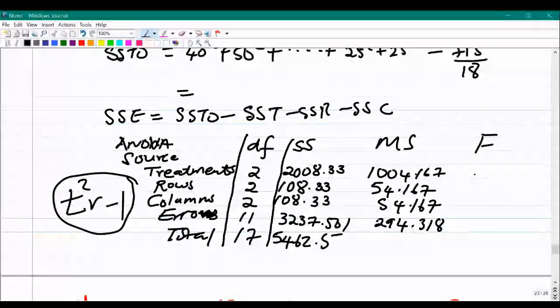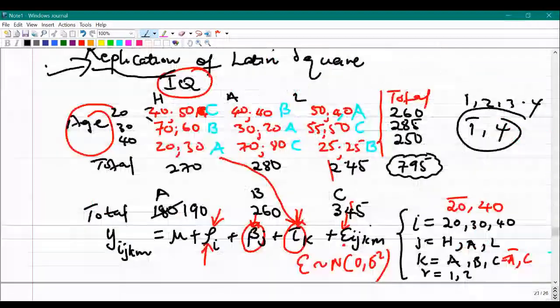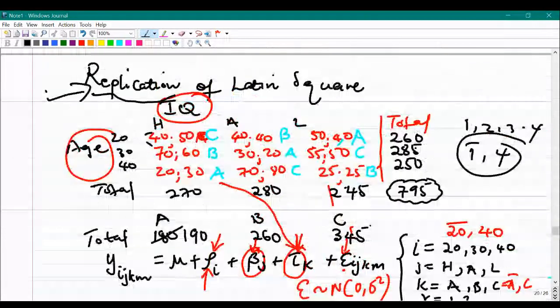Remember, my sister, we're dealing with a replication of Latin square. How many values do we have there if you count? Because remember, T squared must be equal to n. If you say T squared here, are we getting the number of values that we have here?